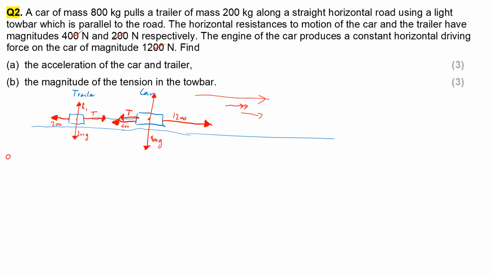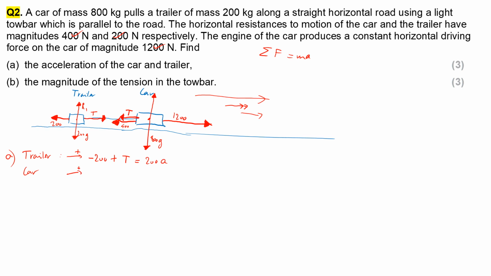So for the trailer, positive direction is going right, and the force is minus 200, so the resistance is against motion. Then we have the tension, which is what's causing the motion, equals 200a. That's my second law, Newton's law: sum of the forces equals ma.